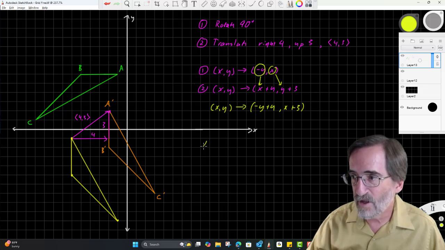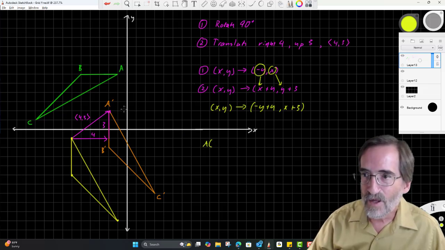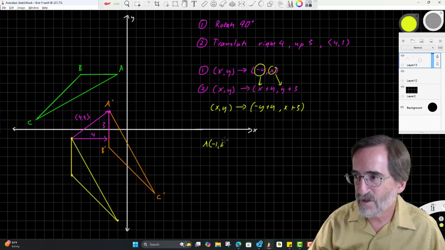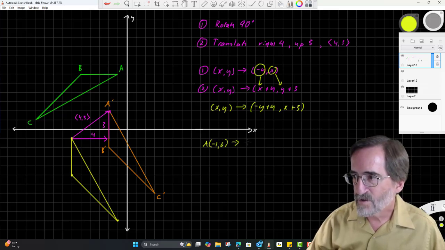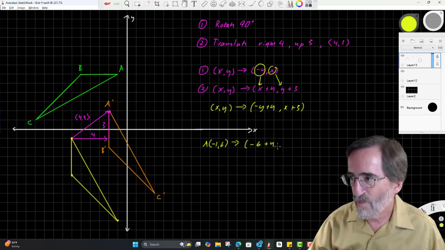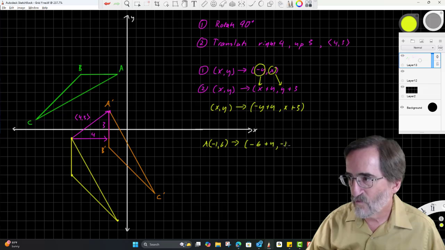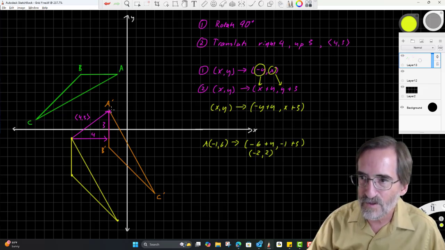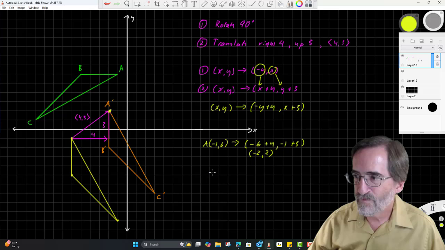Let's try it for A. A is at negative 1, 6. So let's try negative y, negative 6 plus 4, and x is negative 1 plus 3. Negative 6 plus 4 is negative 2. Negative 1 plus 3 is 2. So negative 2, 2. There's A prime.